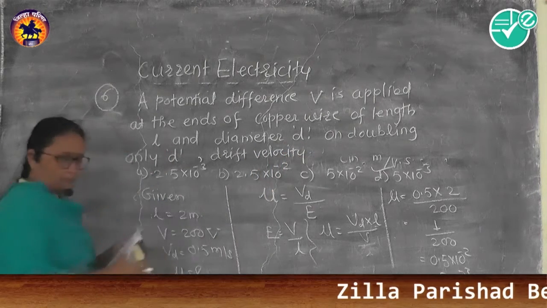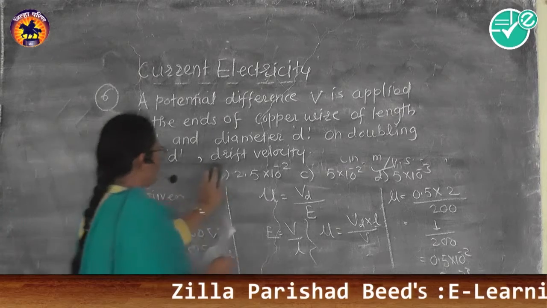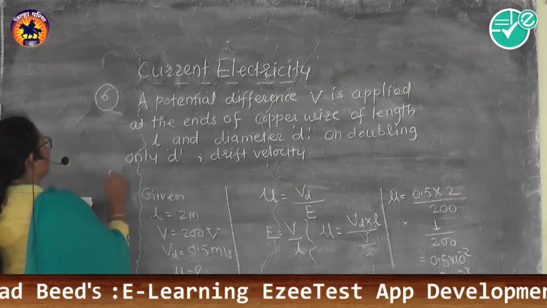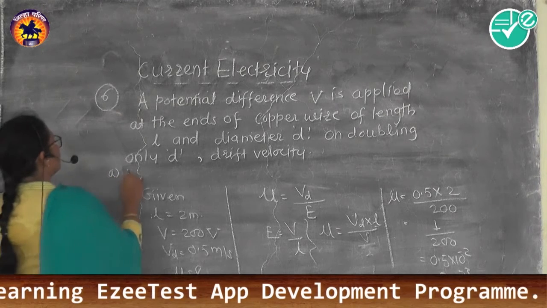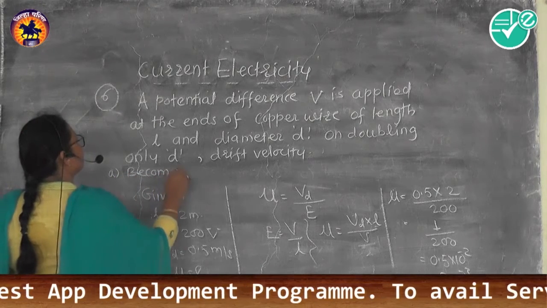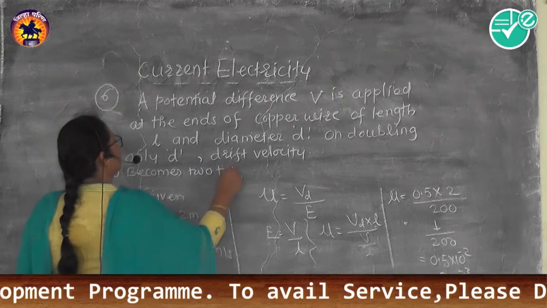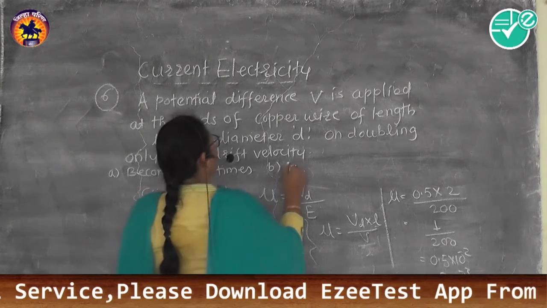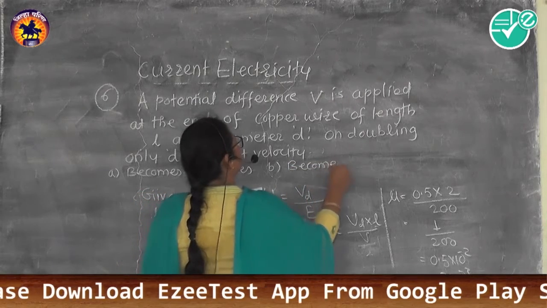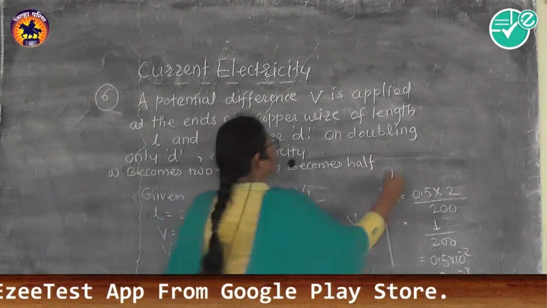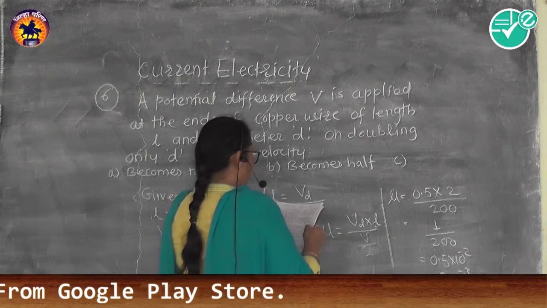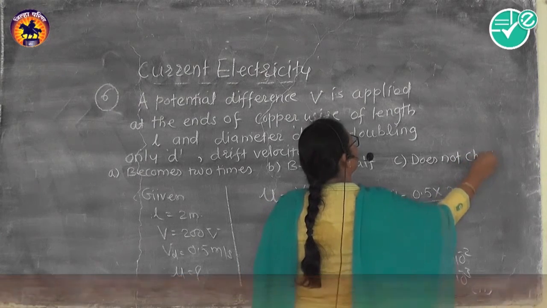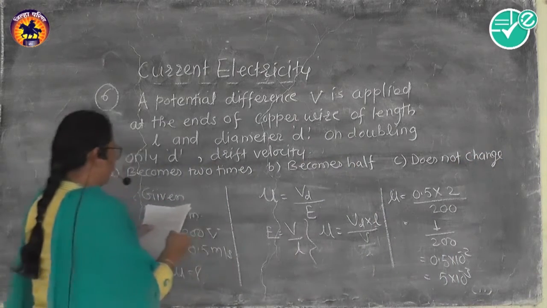Options are: A, becomes 2 times; second option, becomes half; third option, does not change; and last one, becomes 1/4.